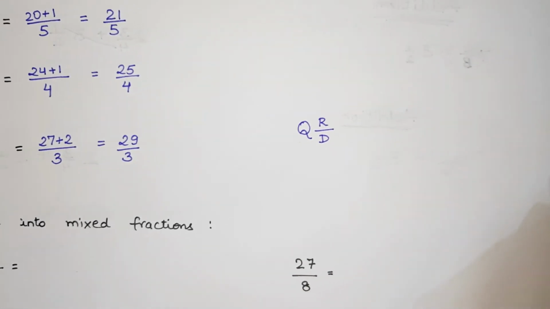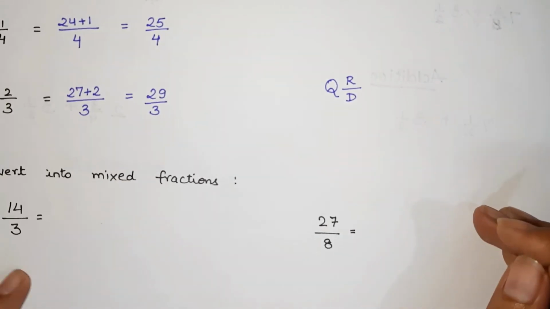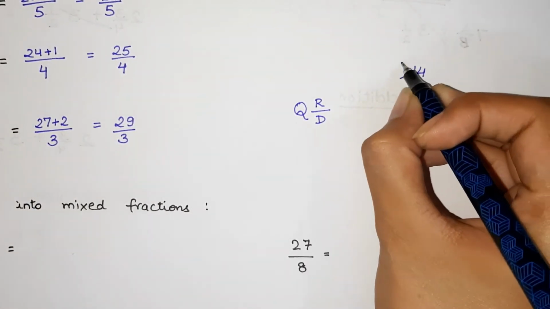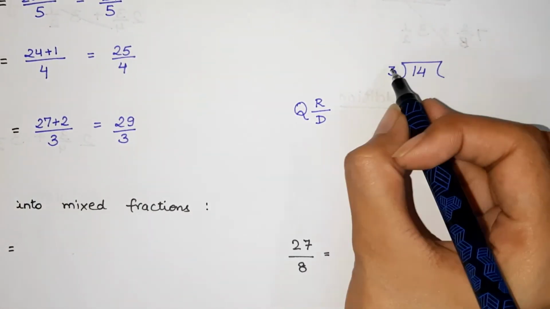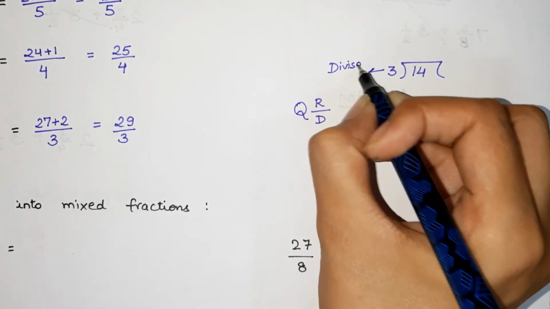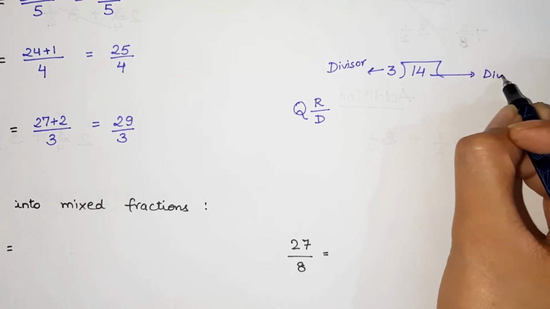What is this now? As you know, we can divide 14 by 3. 14 divided by 3. This is the divisor. This is the dividend.